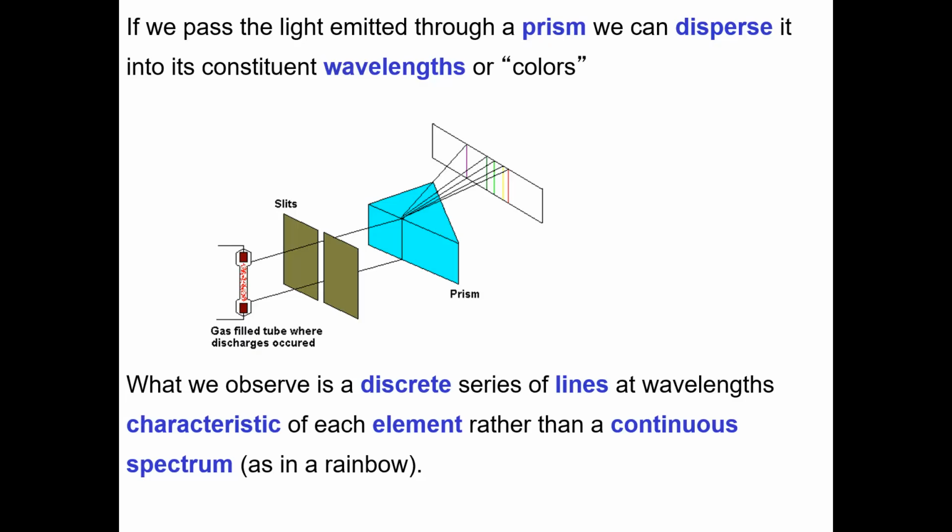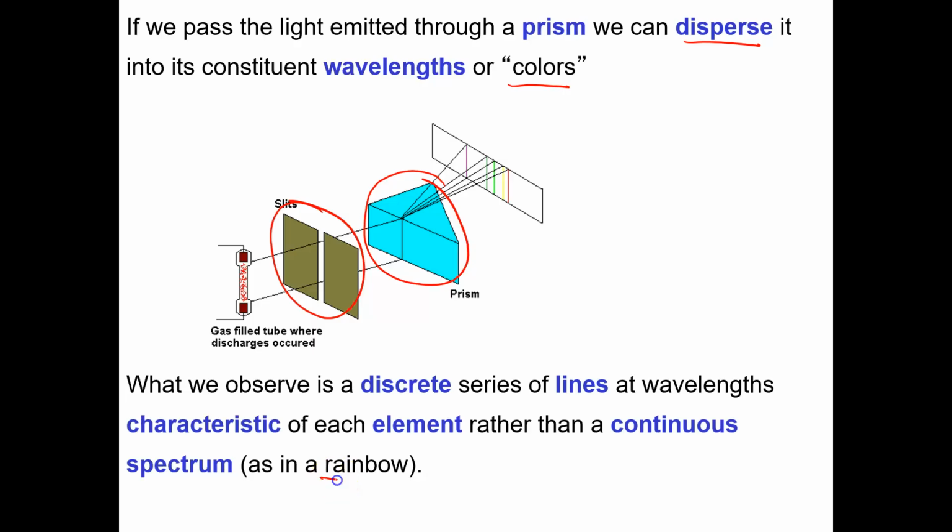So we can put a few ideas together here. If we take the light that is emitted by one of these elements in a tube and pass it through a slit to get a nice beam of light, and then pass it through a prism to use refraction to separate or disperse it into its individual colors or wavelengths, then what you get is quite interesting.